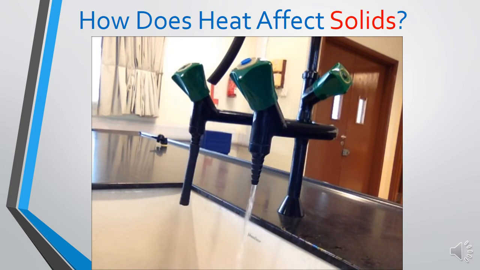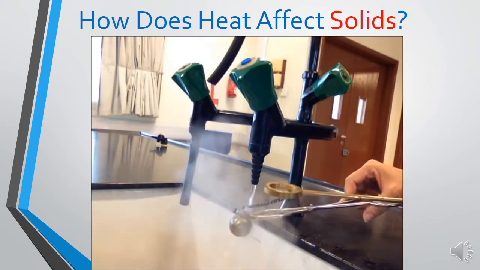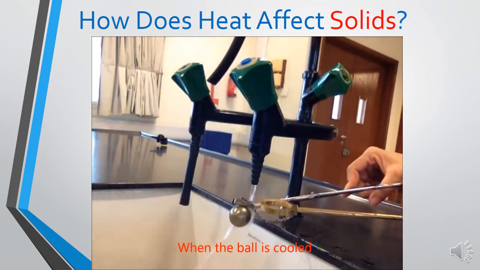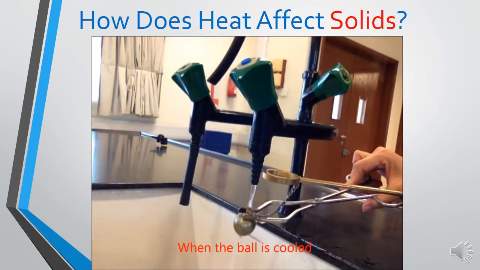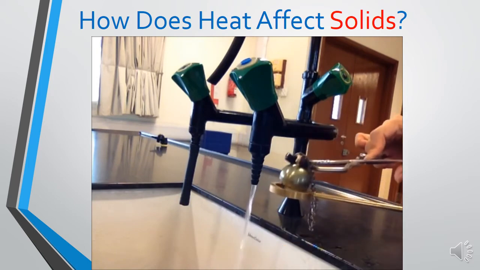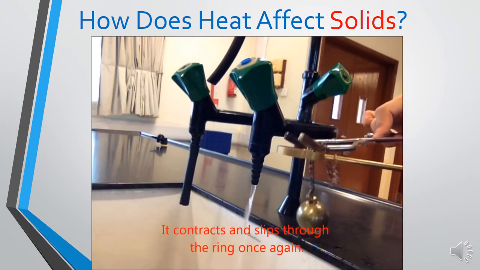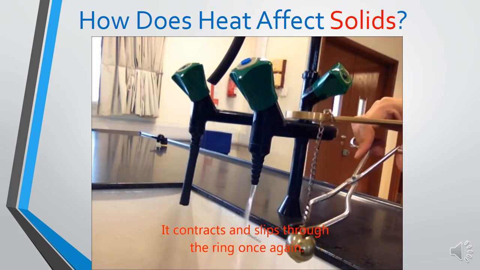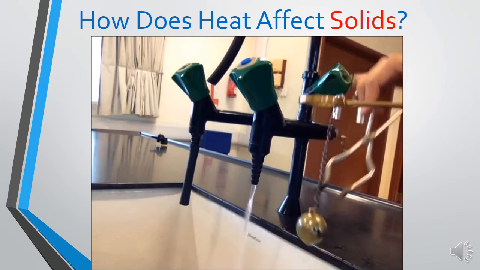Does it move? Is it able to pass through the ring? As you see, no. What happens to this ball? It increases in size. But when the ball is cool, is it able to pass through the ring? Let us see. It can move. It contracts and slips through the ring once again.